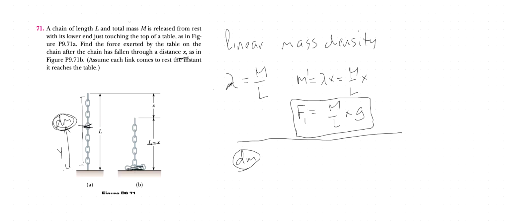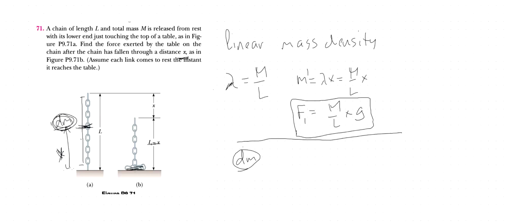Actually, I really can't call that height x. Because when the chain is in this configuration, where the length x is on the table and L minus x is still falling, then you are stopping the part of the chain which at the start was at a height x. So here's this part which is at a height x. When the chain is released, it's going to fall through a length x, or a height x.